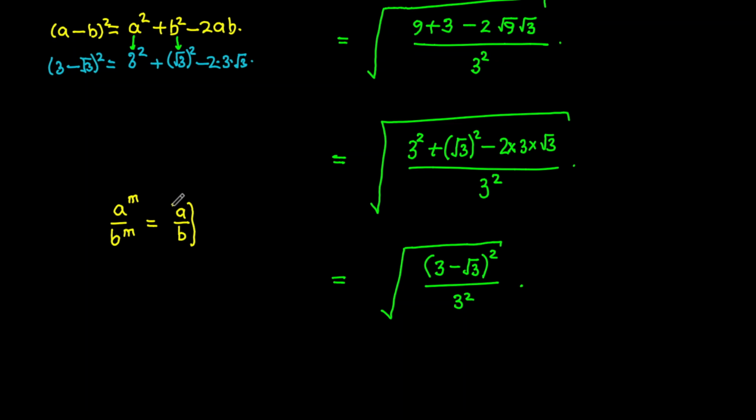We can pull out these individual powers to be a common power or exponent. So when you look at what we have here, a is corresponding to this inside bracket 3 minus root 3 squared, which is here, and b is 3 squared, which is here.